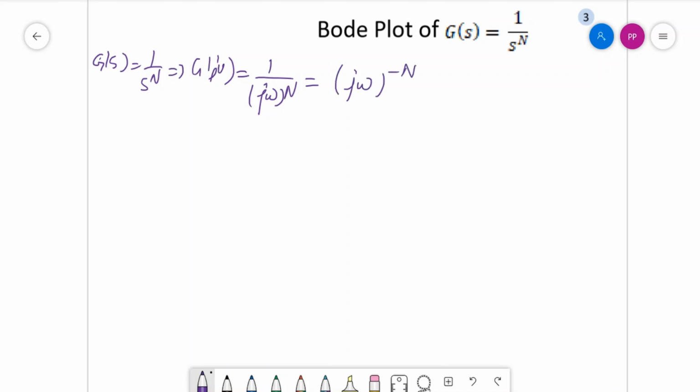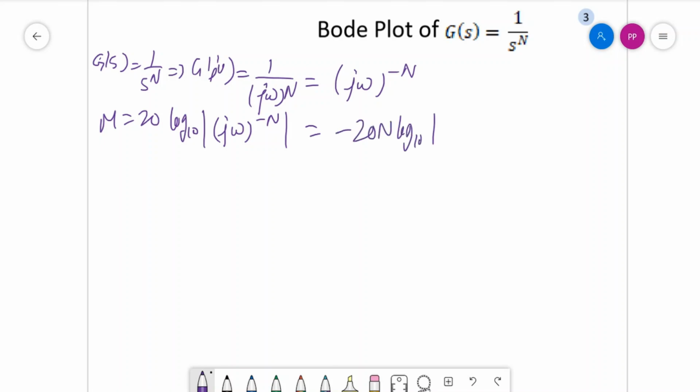So if you take the logarithm of this, M equals 20 log base 10 of mod of (jω) power minus n. This is equal to minus 20n log base 10 of mod ω.